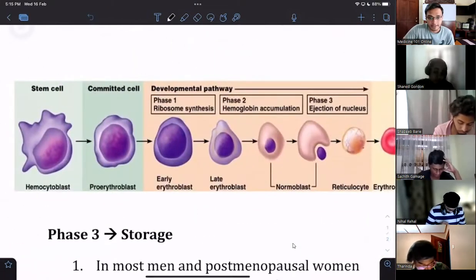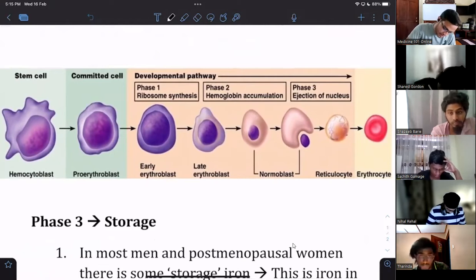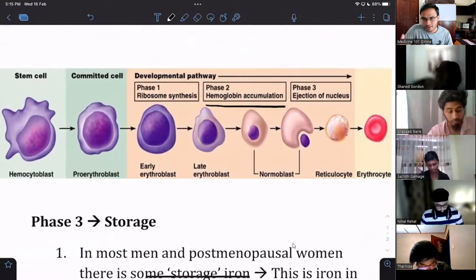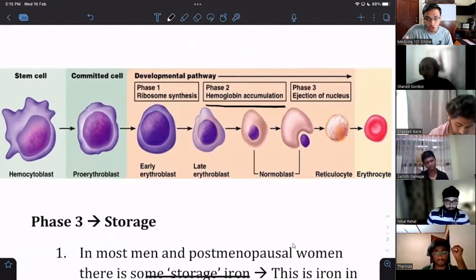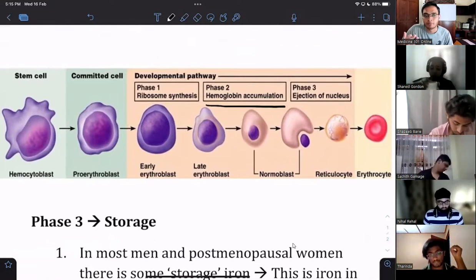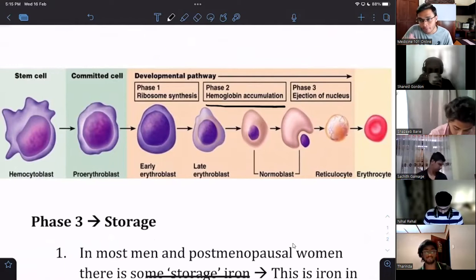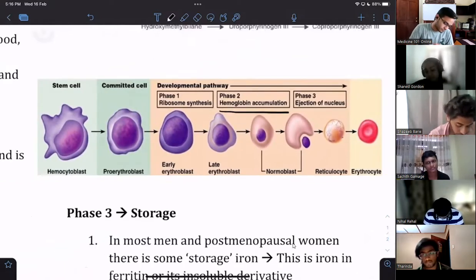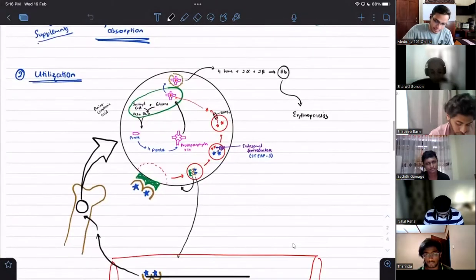Somewhere around the late erythroblast to this normoblast phase, during this time is when you can see the cell transitions from a blue sort of color to a more pink sort of color. Why? Hemoglobin is now being produced and accumulated in the RBC. Okay, so that is that phase.